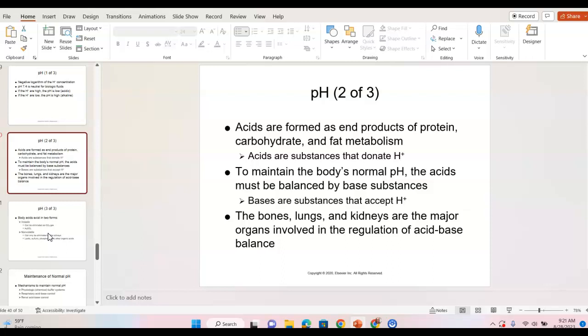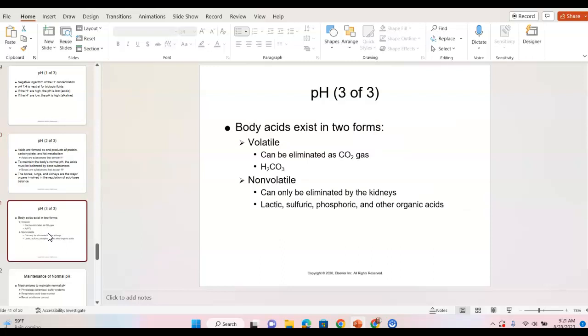Okay, so we're going to primarily focus on lungs and kidneys as the main balancers of acid-base balance. You can also use buffer systems in the bloodstream. So you can keep the bloodstream in mind as a balancing agent. And we want to maintain that normal pH, okay?